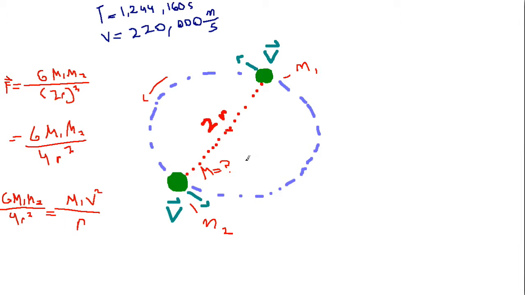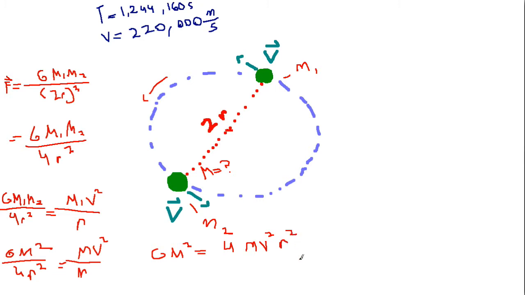We're looking for the mass, but we don't know what the radius is. How exactly are we going to find r? Because we don't know r. We only know the period and the velocity.